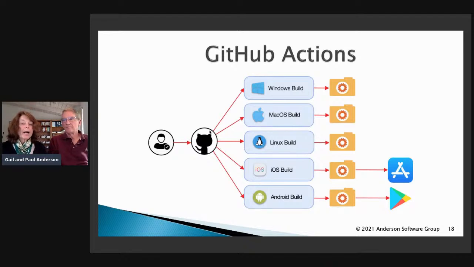Except for the slight detail that you still need a Mac to get your provisioning file, but that's a one-time thing, you don't actually need a Mac or a Linux box. If you don't have those, you can use GitHub Actions, and with GitHub Actions, you can use GitHub hosted machines instead of providing your own development environments.